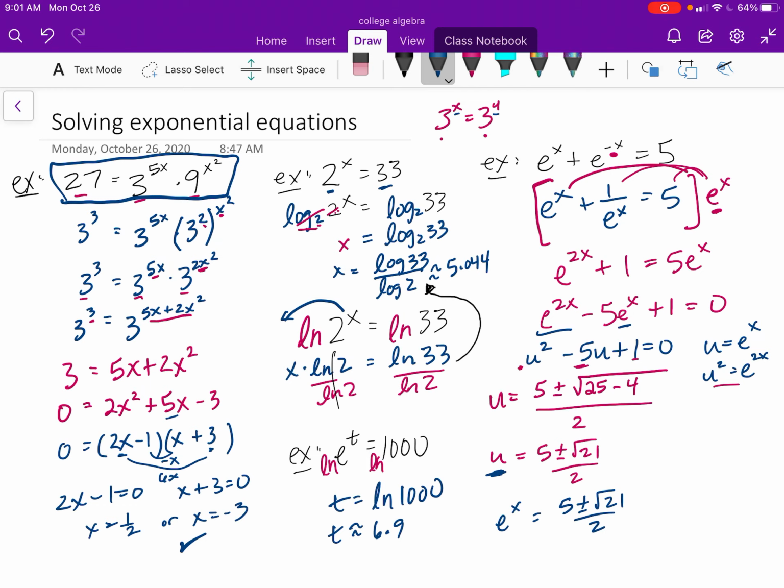All right, now, again, we're not solving for e to the x, we're solving for x. So the very last step, ln both sides. ln and e cancel. But we're going to have to use a calculator and plug in ln of (5 plus square root 21) over 2, and then plug in (5 minus square root 21) over 2.